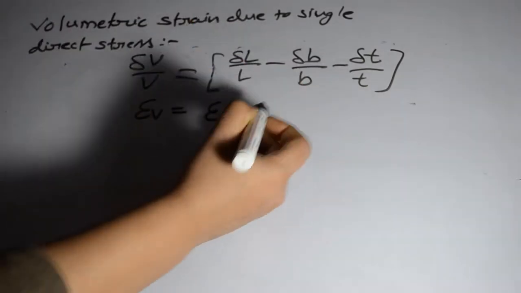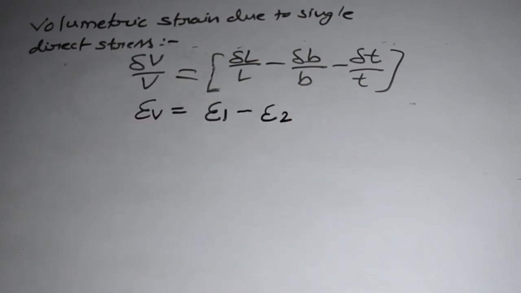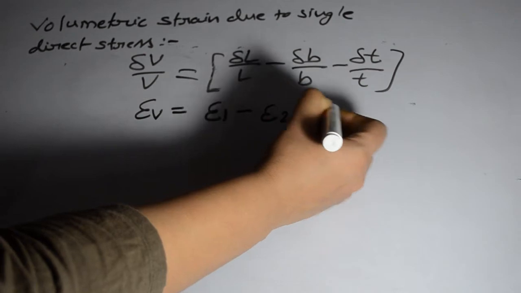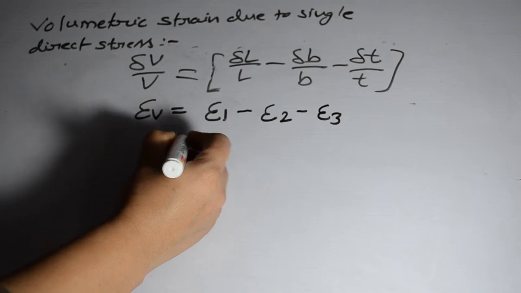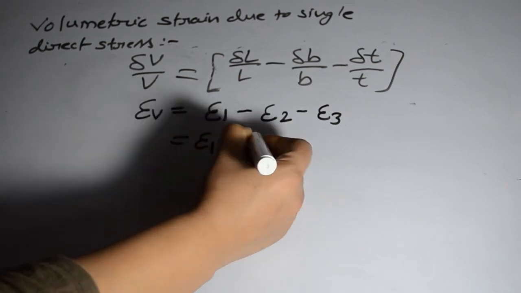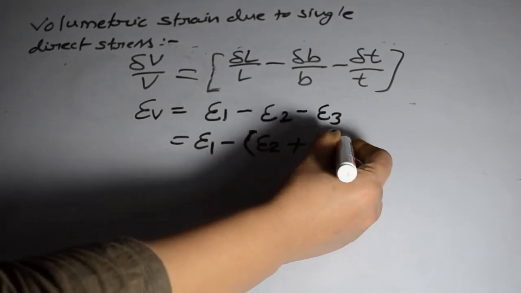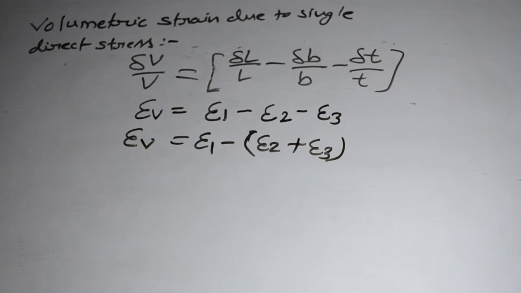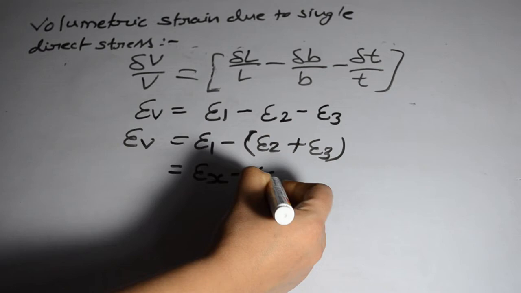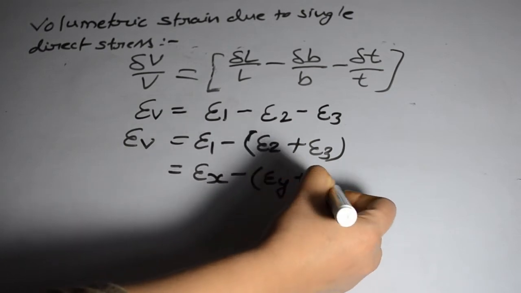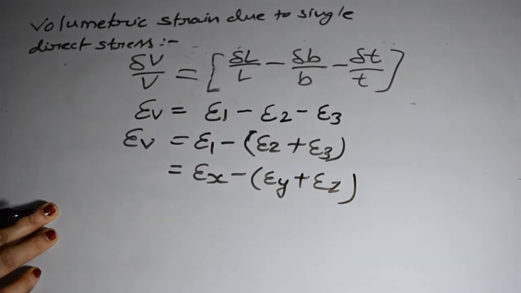We denote delta B by B as eta 2, and delta T by T as eta 3. So eta 1 minus eta 2 plus eta 3 is the volumetric strain, or we can write it as eta x minus eta y plus eta z: the strain in x direction, strain in y direction, and strain in z direction.